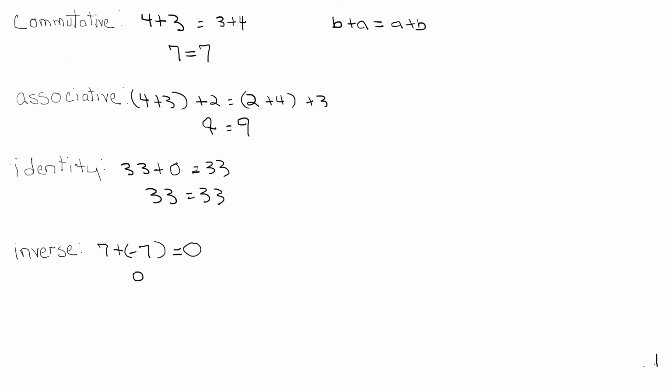A 0. Same thing if I was to use some letters. So if I had a B plus, let's say, a negative B, this best describes the inverse property.